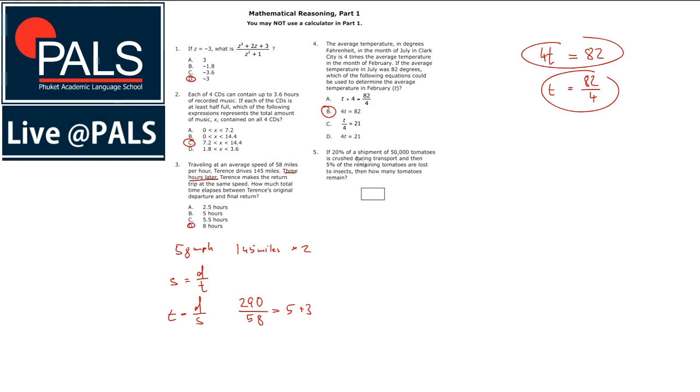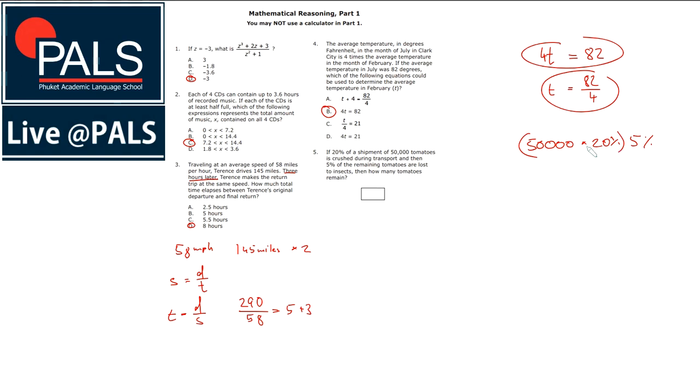If 20% of a shipment of 50,000 tomatoes is crushed during transport, and then 5% of the remaining tomatoes are lost to insects, then how many tomatoes remain?